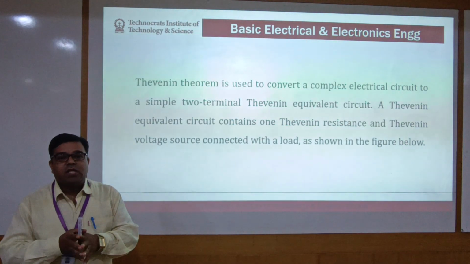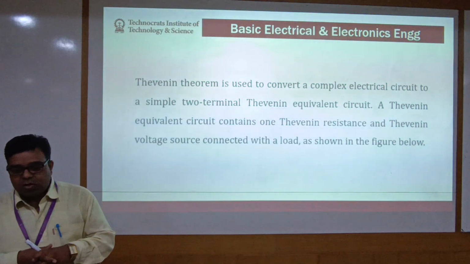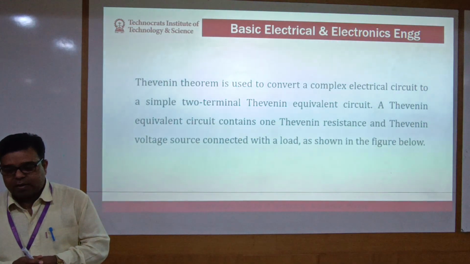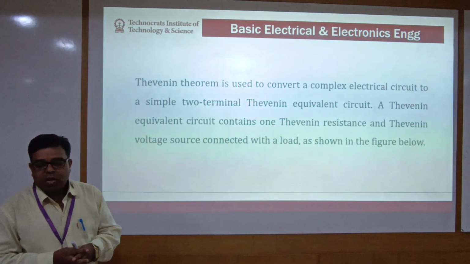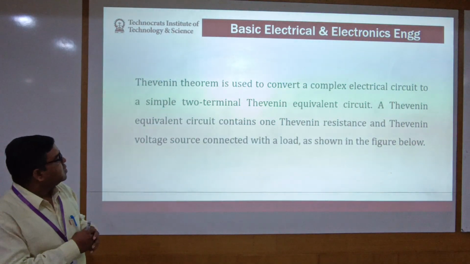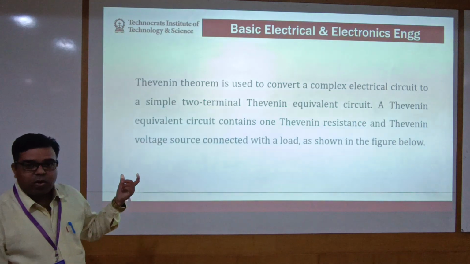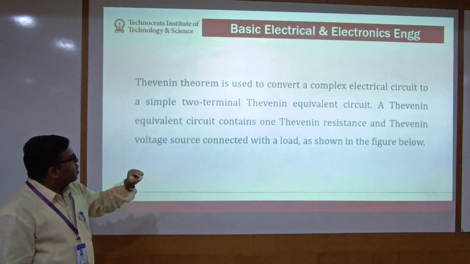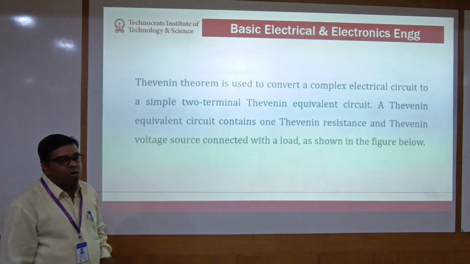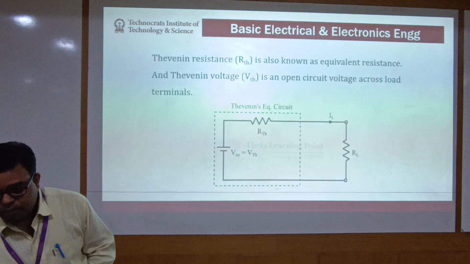Why is Thevenin's theorem used, and what is its application? Thevenin's theorem is used to convert a complex electrical circuit to a simple two-terminal Thevenin's equivalent circuit. A Thevenin's equivalent circuit contains one Thevenin resistance, as shown in the figure, and a Thevenin's voltage source connected with the load resistance as shown in the figure below.